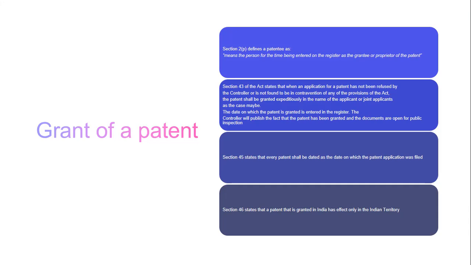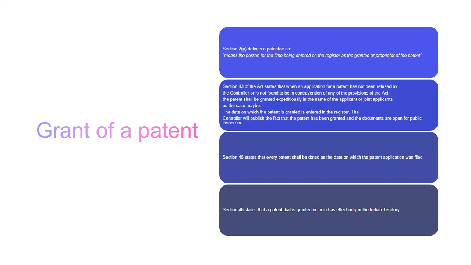Sometimes they will ask in which section a patentee is defined, or they will ask for the definition of a patentee, that as per the Patent Act, a patentee is. It is important to note that patentee is defined in Section 2(p) of the Act, and it means the person for the time being entered on the register as the grantee or proprietor of the patent.